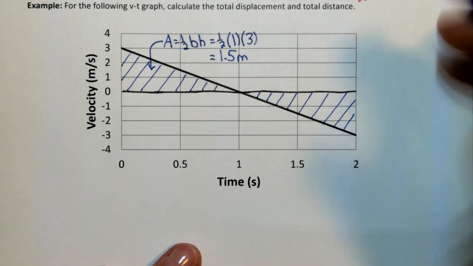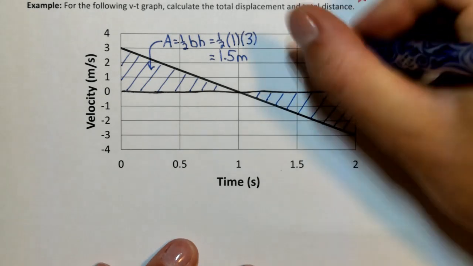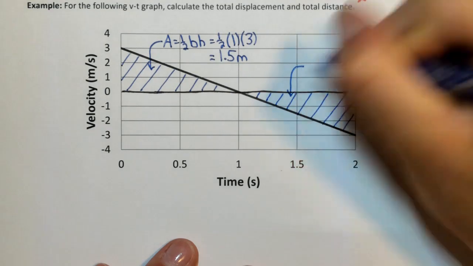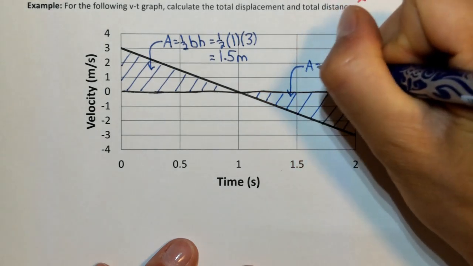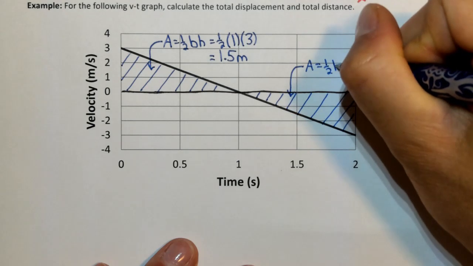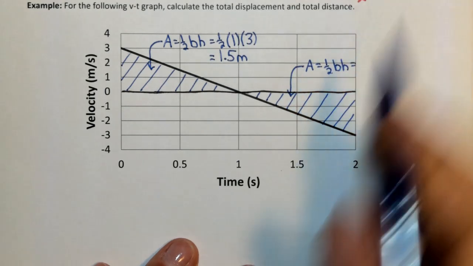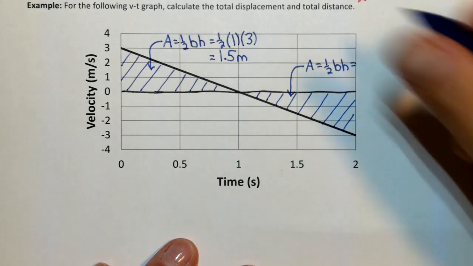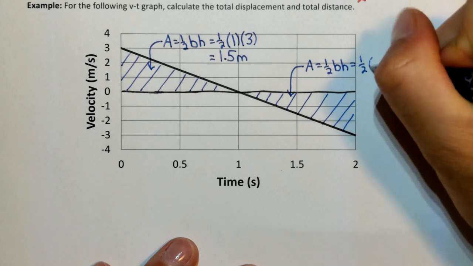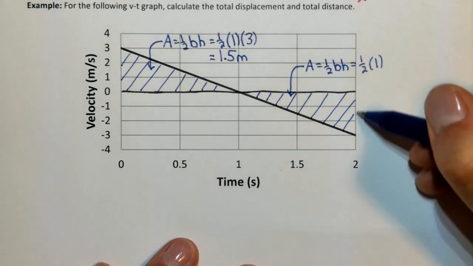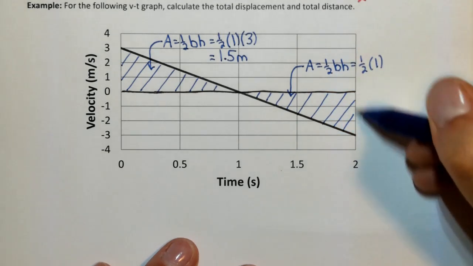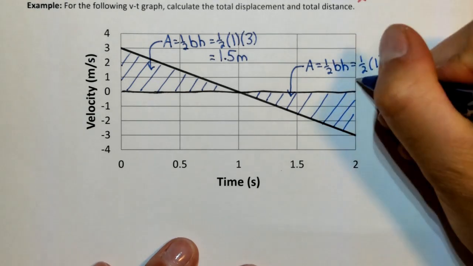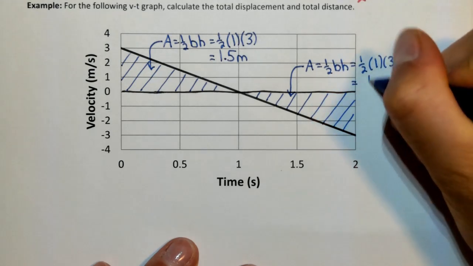And the area of this guy down here has a base, goes from 1 to 2, so that's a total distance of 1. And its height goes from 0 to -3, so that's a total height of 3. Also 1.5 meters.